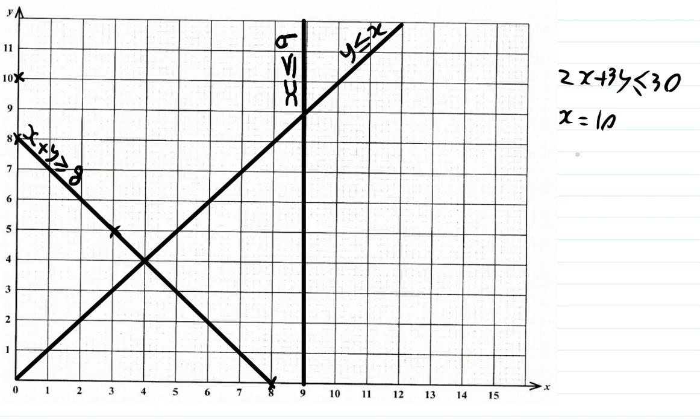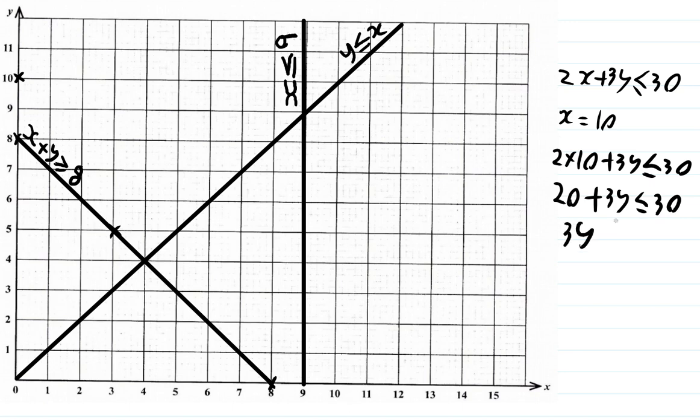When x equals 10, 2 times 10 plus 3y is less than or equal to 30. This is 20 plus 3y is less than or equal to 30. Subtract 20 from both sides. 3y is less than or equal to 30 minus 20. You see that? So 3y is less than or equal to 10.